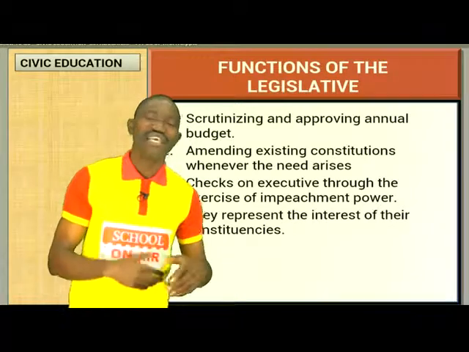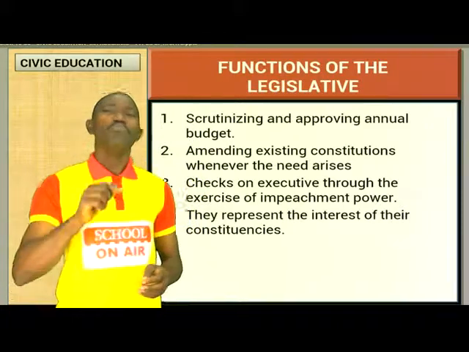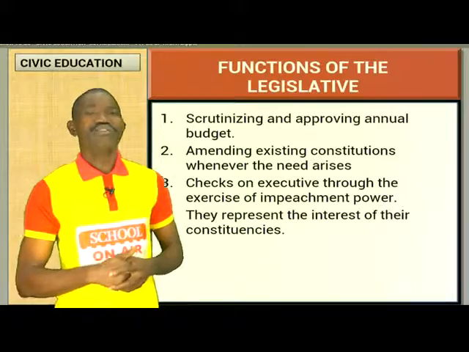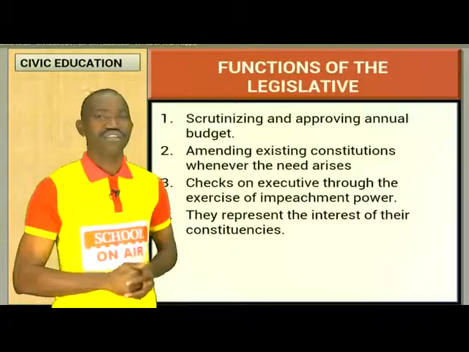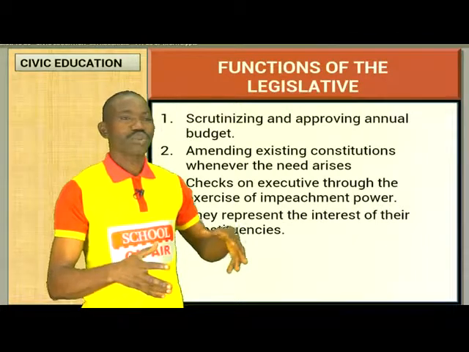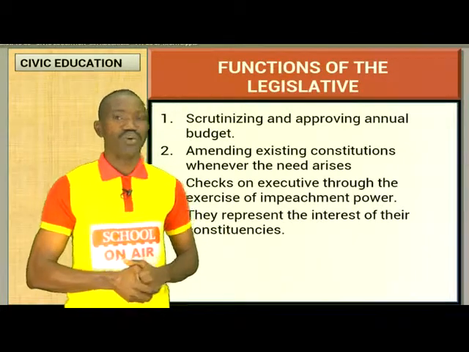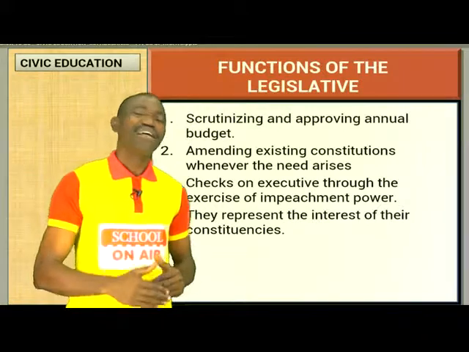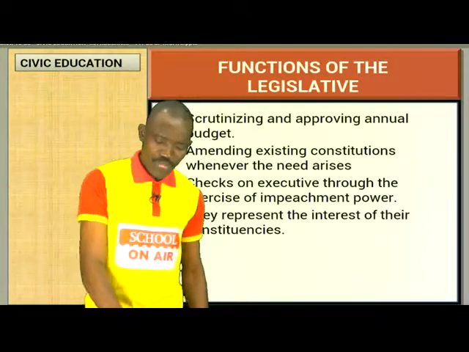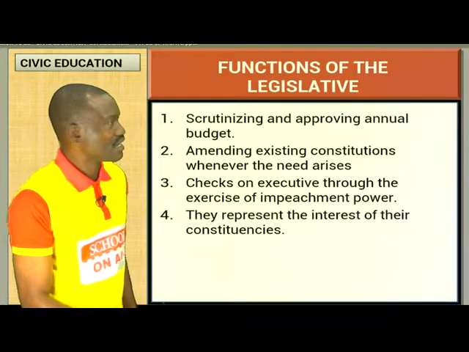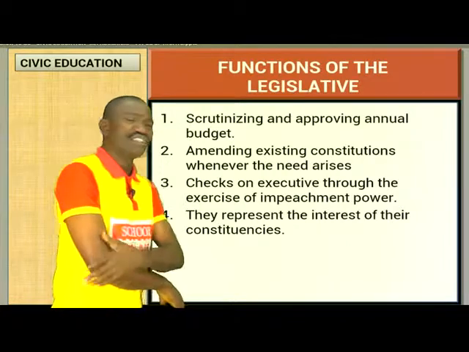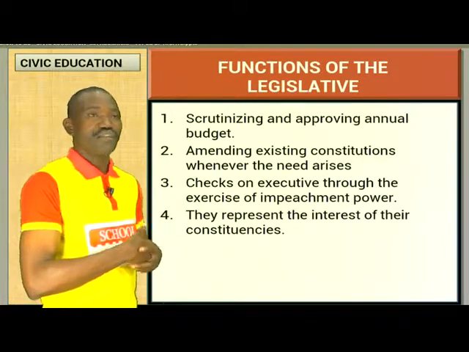It is only the state legislature that can make laws on items under the residual list, such as chieftaincy matters, markets and parks, cyclists and so on. These laws are made by the state legislature alone. Having known this, can we now look at the functions of the legislative organ of government?